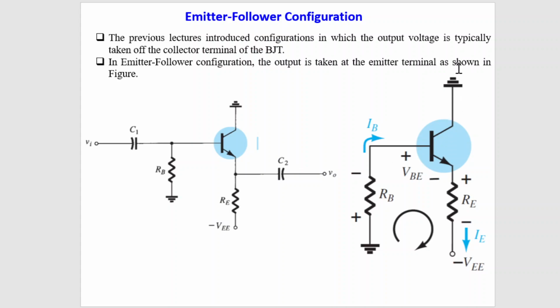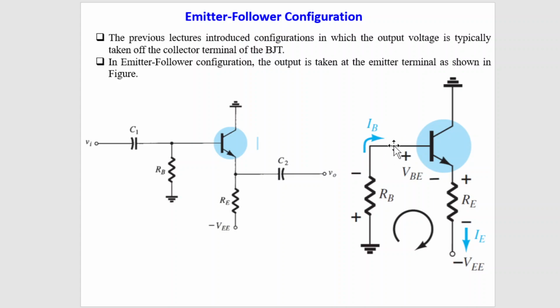And here, if you see, the collector is at zero potential, and because of this resistance, when emitter current will flow, obviously some base current will flow. Because of the base current, there will be some voltage drop at this base resistance. And because of the voltage drop, we will get some base voltage here, VB.